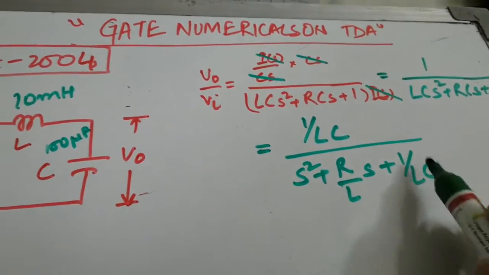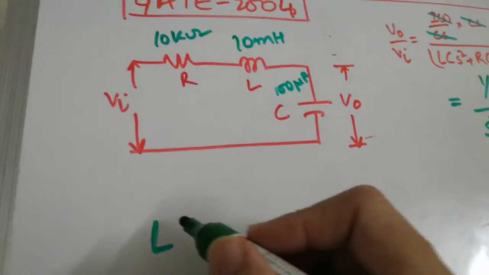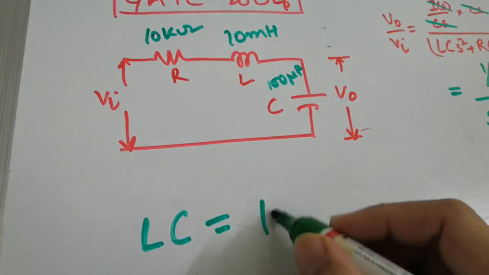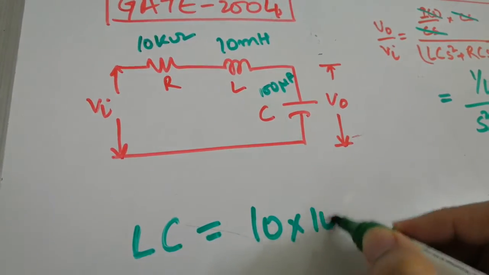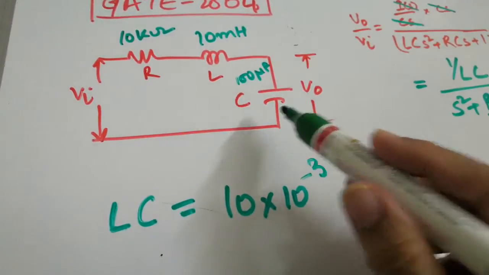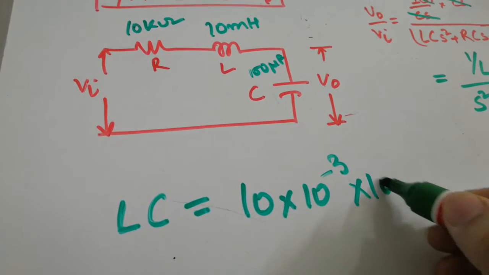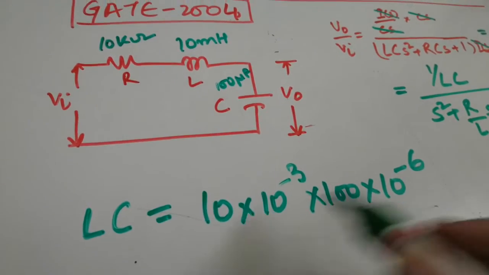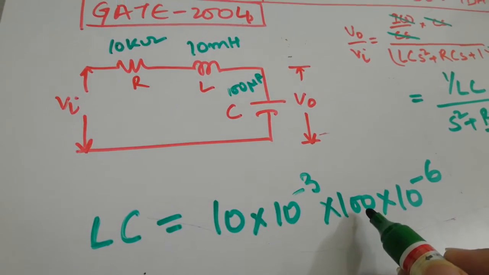So let's first calculate the value of 1 upon LC. My LC will come out to be, L is 10 millihenries, that is 10 raised to the power of minus 3. Then C is 100 microfarads, that means 100 into 10 raised to the power of minus 6. So 10 into 100 will be 1000.